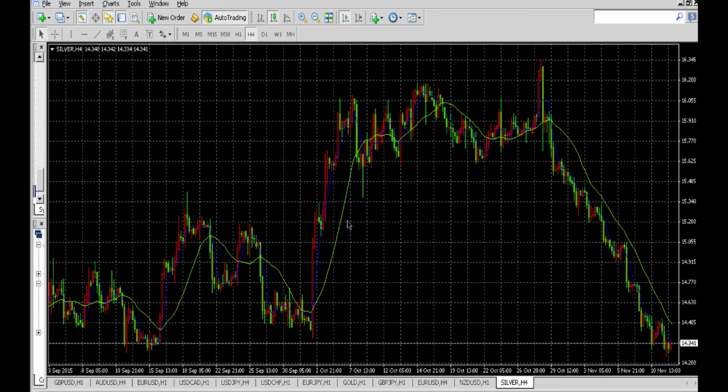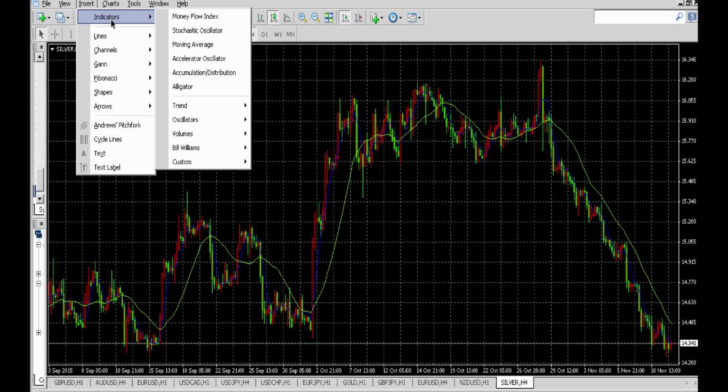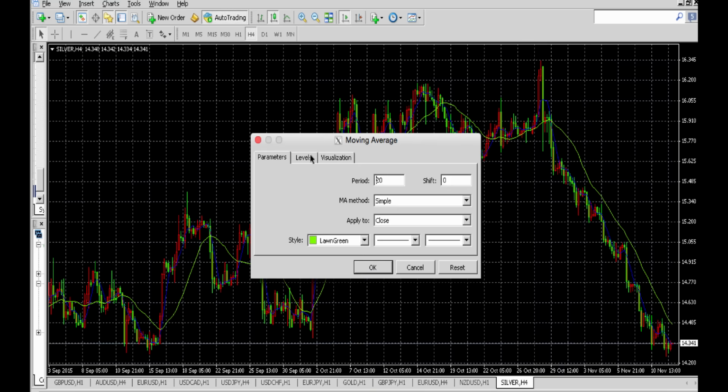So we already have this set up with two lines, the 5-day and the 20-day. How you set it up is you come to indicator, look for moving average, and set the period and the color.